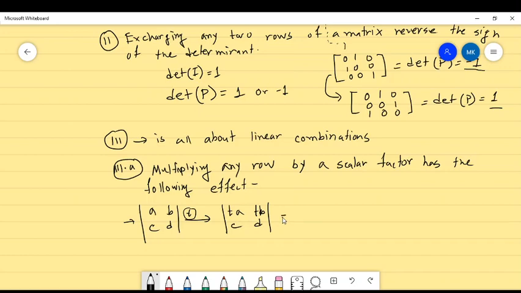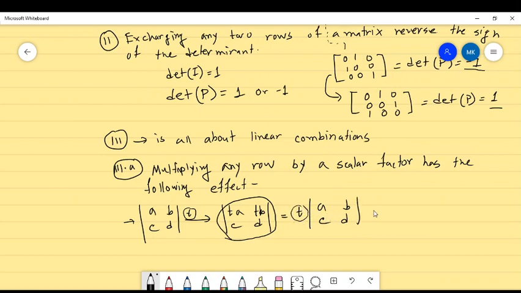So the determinant of this matrix would be T times the determinant of A, B, C, D, so that this T comes out.